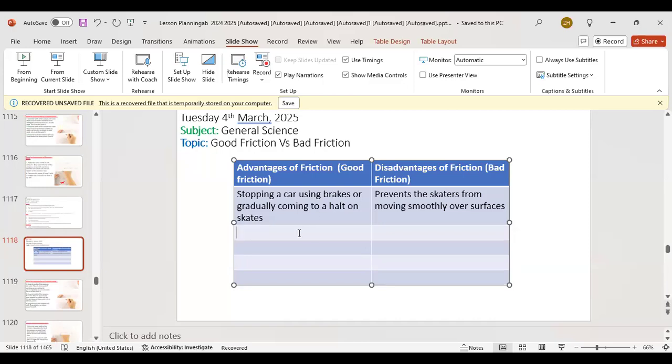Next, what else could friction be good for? Let's say you have a sword and you want to sharpen it. You want the sword to become sharper.